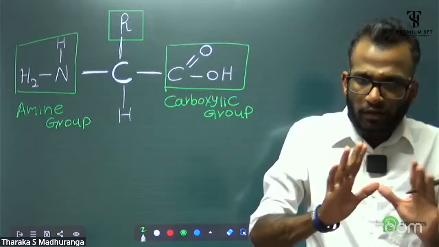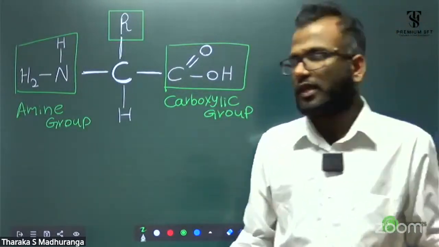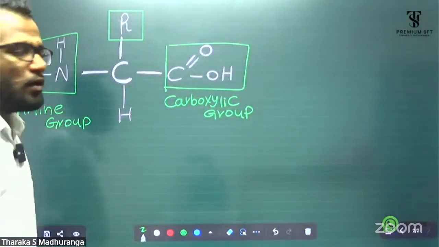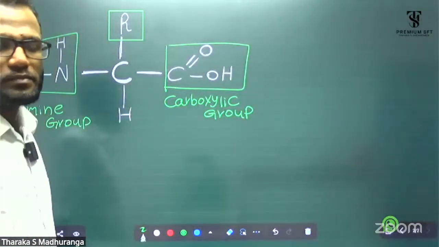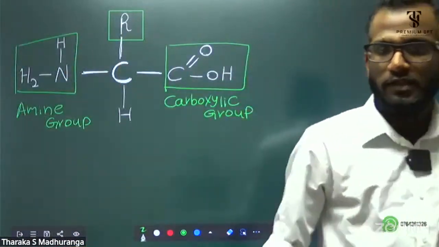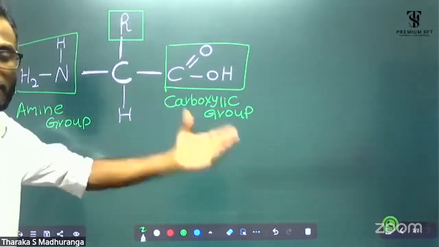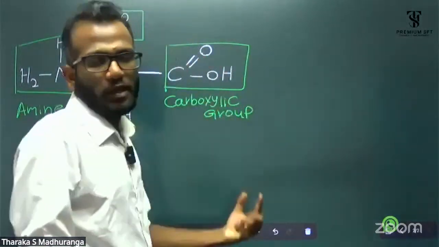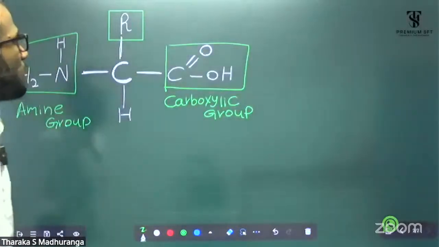I will explain all the amino acid structures. You only need to remember a few points of each amino acid, then you can understand what an amino acid means and how proteins are formed from amino acids. That is our target: not only to understand amino acids, but how to form proteins from them.